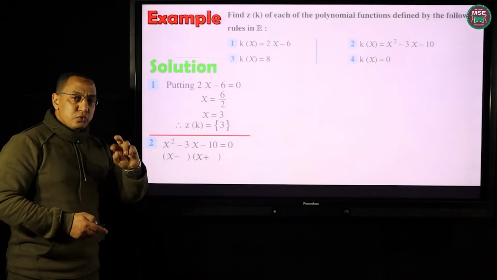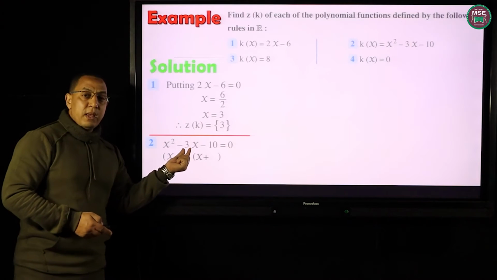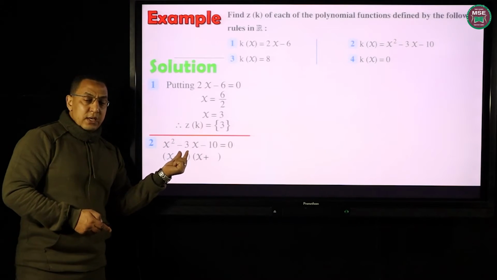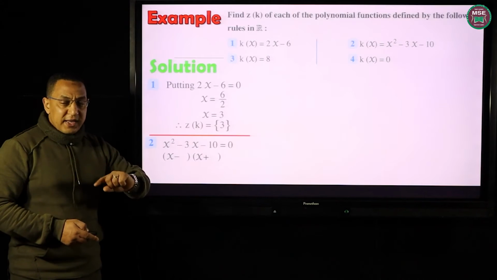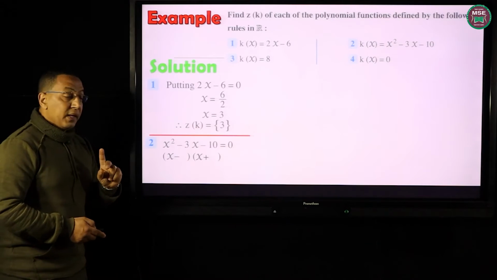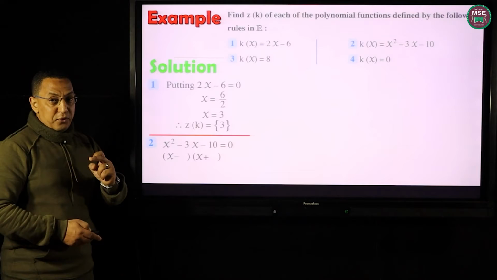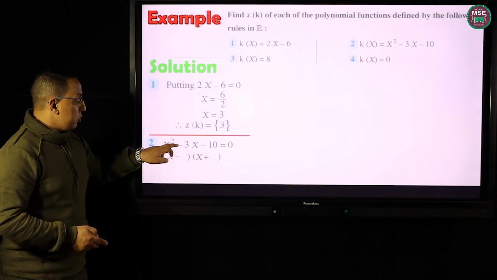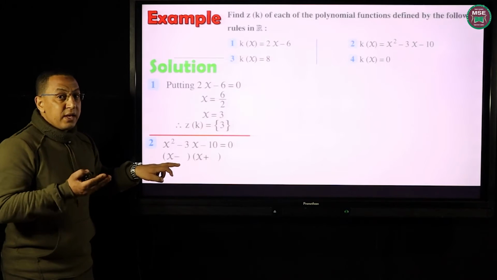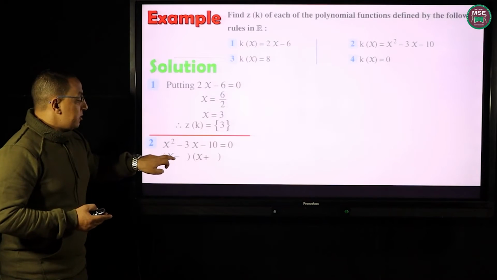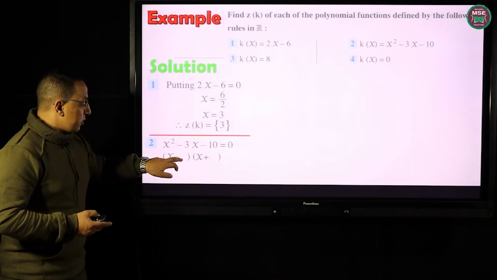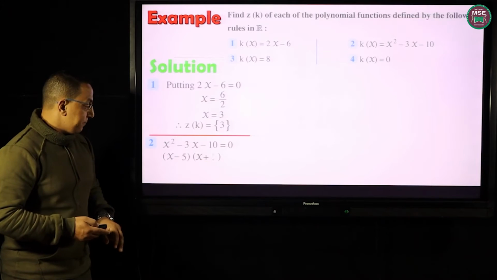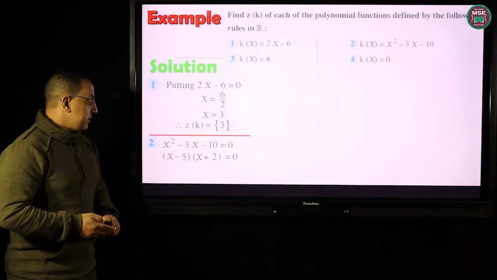I'm going to choose 2 and 5 because the difference between them is 3. I'm going to put 5, the bigger one, in place of the middle sign. So I'm going to write 5 here and 2 here, equal 0.